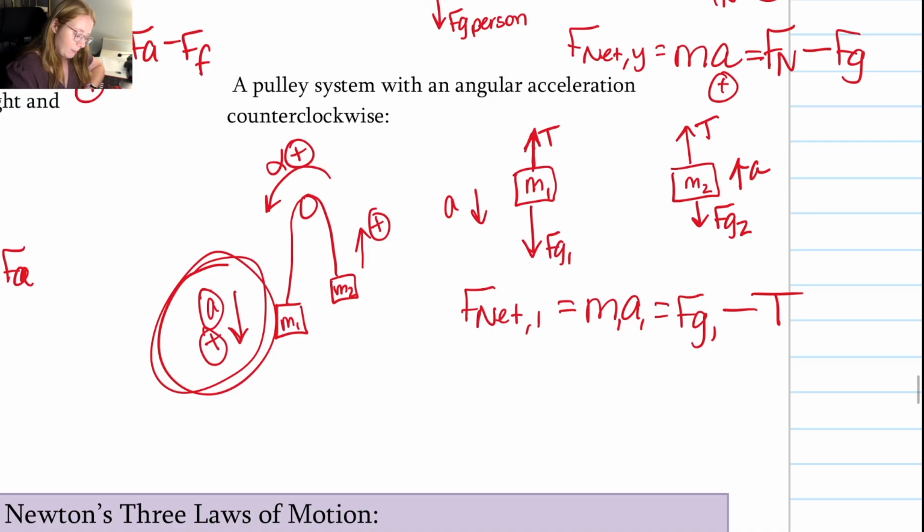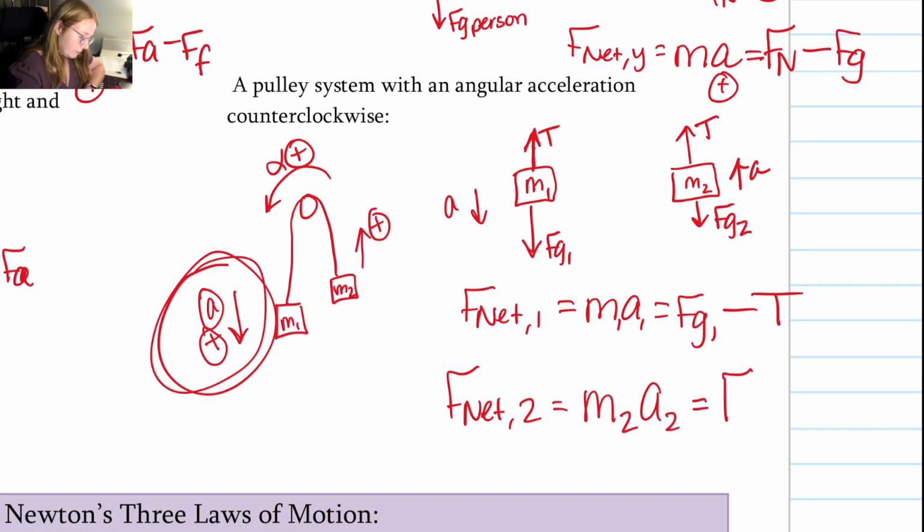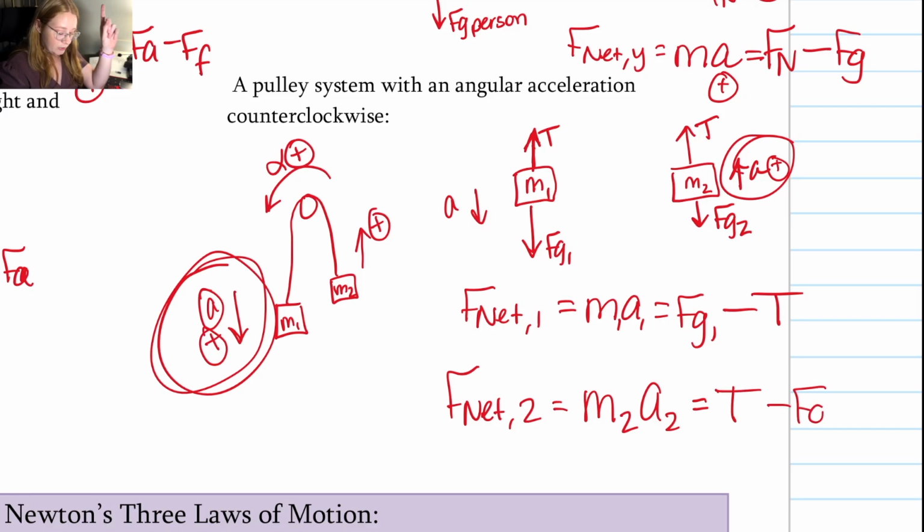I'm also going to write mass 1, acceleration 1, because we're talking about only mass 1. We're not talking about mass 2 for this. It's a 2-object system, so we really need to make sure we distinguish that. We're also going to put mass 2, A2, and then it should be this time, if we look at our acceleration, it's accelerating up, so up should be positive, so tension is going to be positive, and FG2 is acting against that tension.